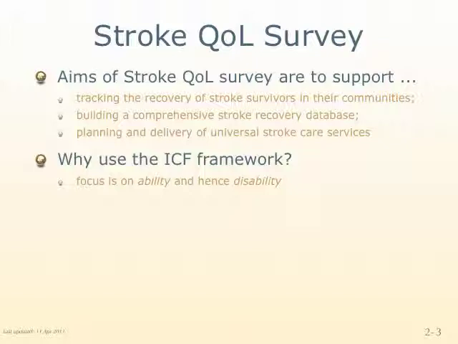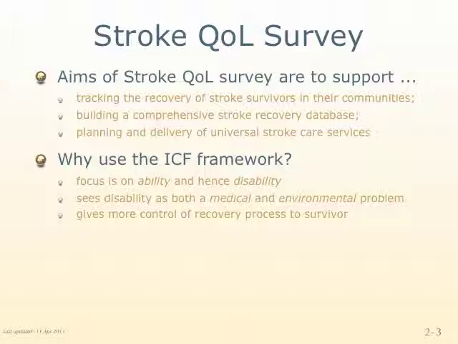It correctly sees disabilities as both a medical and an environmental problem. It gives the survivor more control over his or her recovery by allowing them to determine what disabilities need to be worked on first, rather than just letting medical professionals control the recovery process.